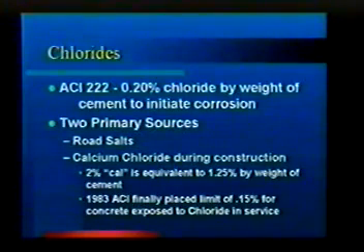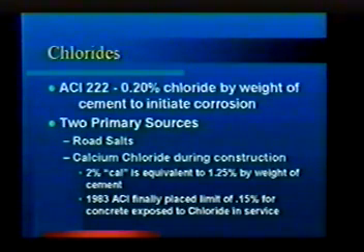Of course, in the old days, we were allowed to put in calcium chloride. It was actually written in the ACI code until about 1972 or so that calcium chloride does not cause corrosion. And guess what? We were wrong. We finally learned that calcium chloride, when it gets wet, does cause corrosion.